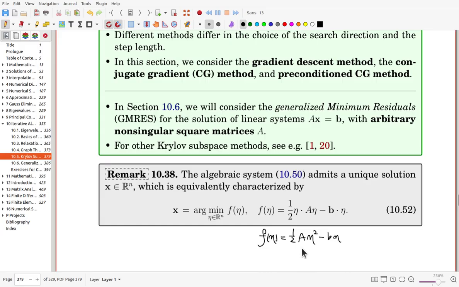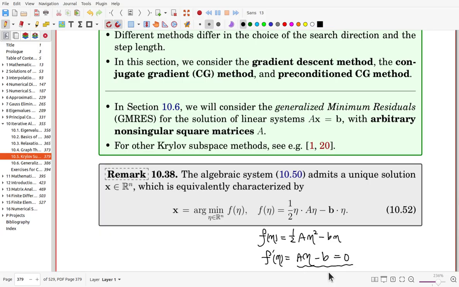Now, once it is optimized at the minimum, then at the minimum the derivative must be 0. So f prime of eta, which is A eta minus b, must be 0. We are taking the derivative with respect to eta, so we arrive at this equation.